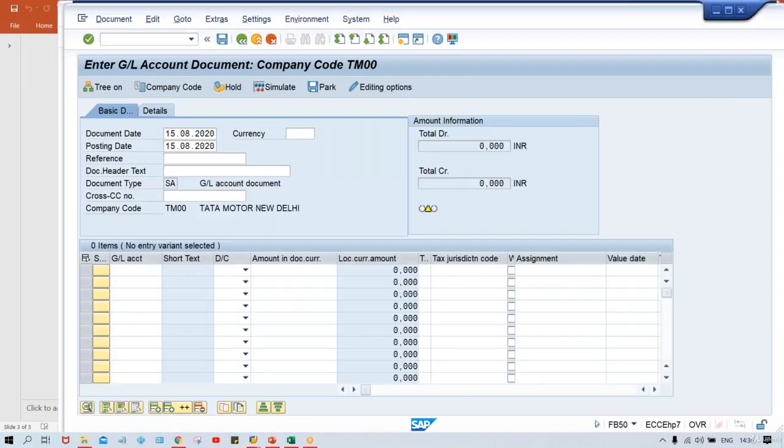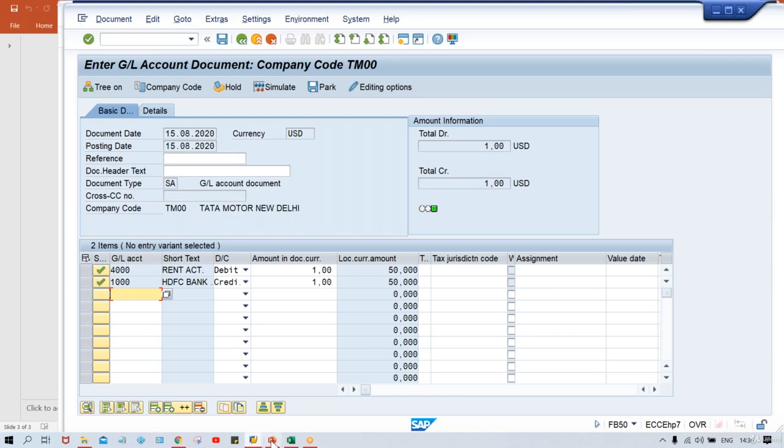Here, if I'm going to give a USD, and if I try to post this transaction, give your GL account once again here, 1 USD itself I'm going to give, and give a different account here, 1 USD. And if you press enter, look at the magic. Still it is showing 50.